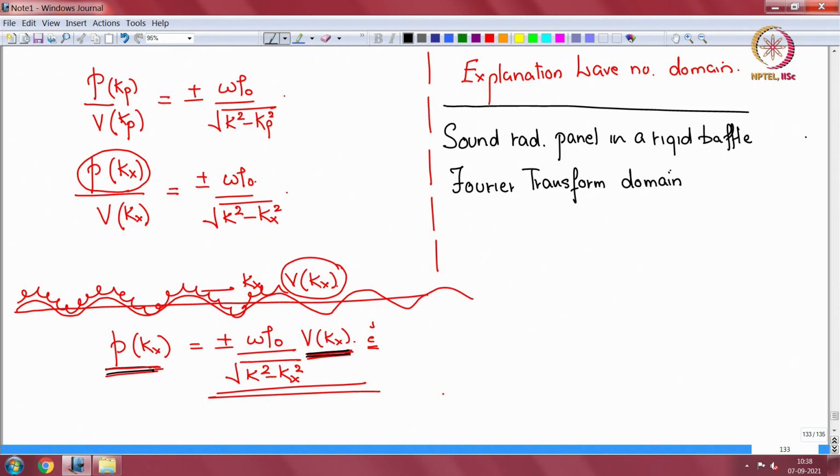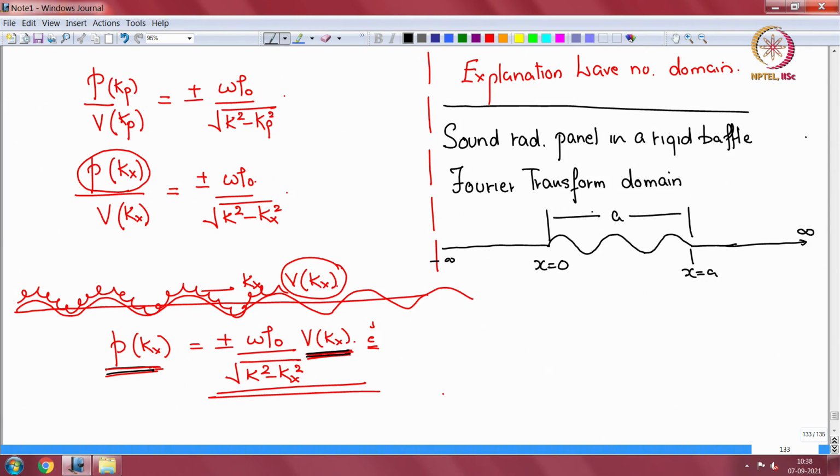And we'll do this for a one-dimensional case. That means there is an infinite baffle that comes from minus infinity up till x equal to 0, and there is a 1D panel that is vibrating, goes off to infinity, and it extends till x equal to a. Okay.